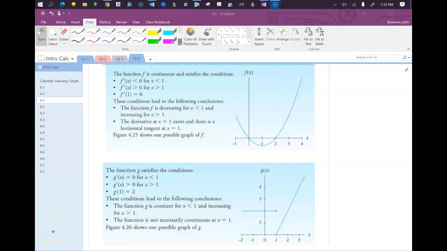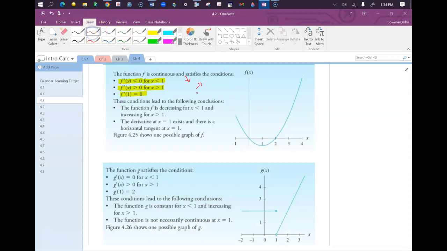What we're going to do next is finish up trying to graph some possible functions from information about the derivative of the function. So here's an example. F prime of x is negative for x less than 1. What does that tell us? That tells us that the function is decreasing. F prime of x is greater than 0, or positive, for x greater than 1, so the function is increasing, and f prime of 1 is 0.